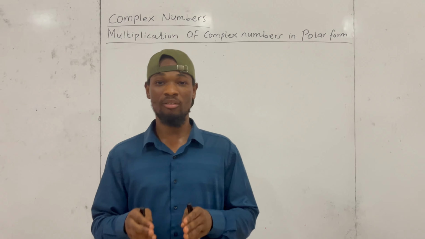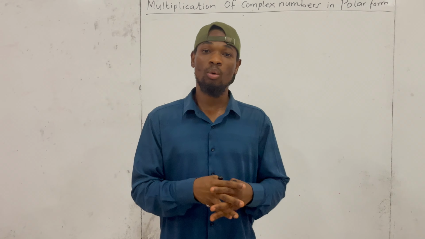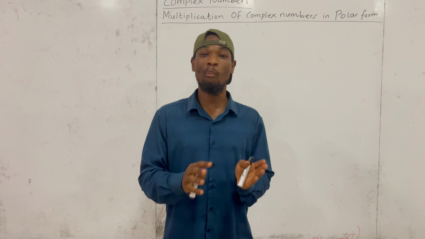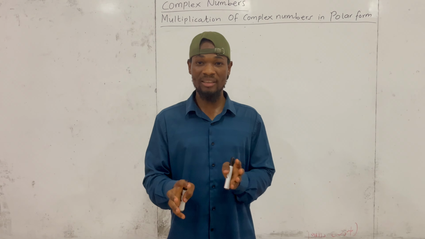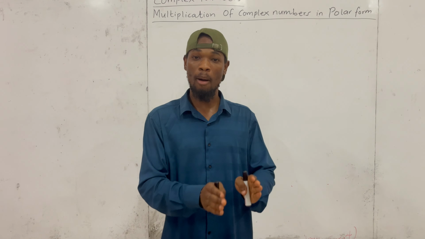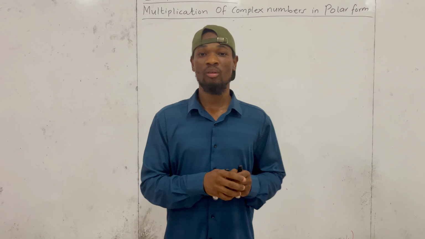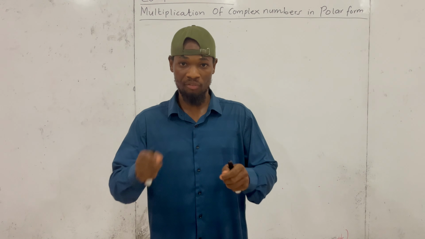In today's YouTube video session, we are going to look at how we can multiply complex numbers in the polar form. So we are going to learn how to prove that.